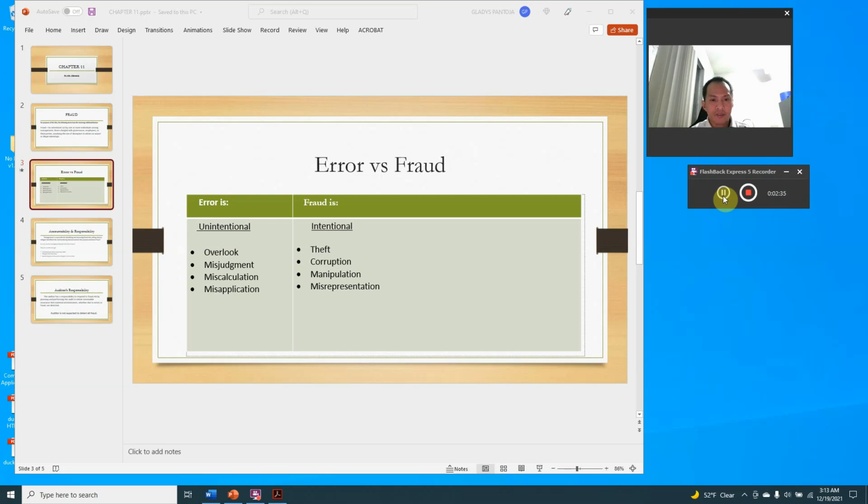How about fraud? Fraud is intentional, like, for example, theft, if you are stealing resources from a business.